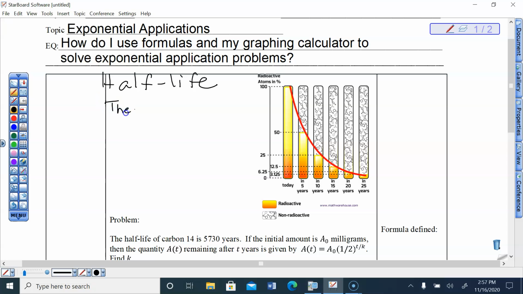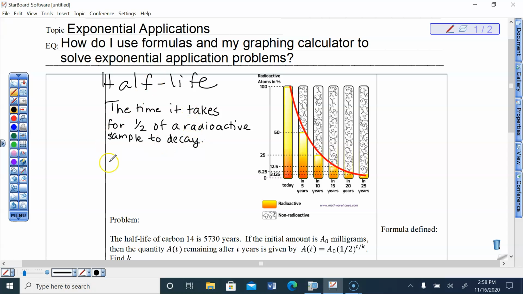It's the time it takes for 1/2 of a radioactive sample to decay and lose its radioactivity.